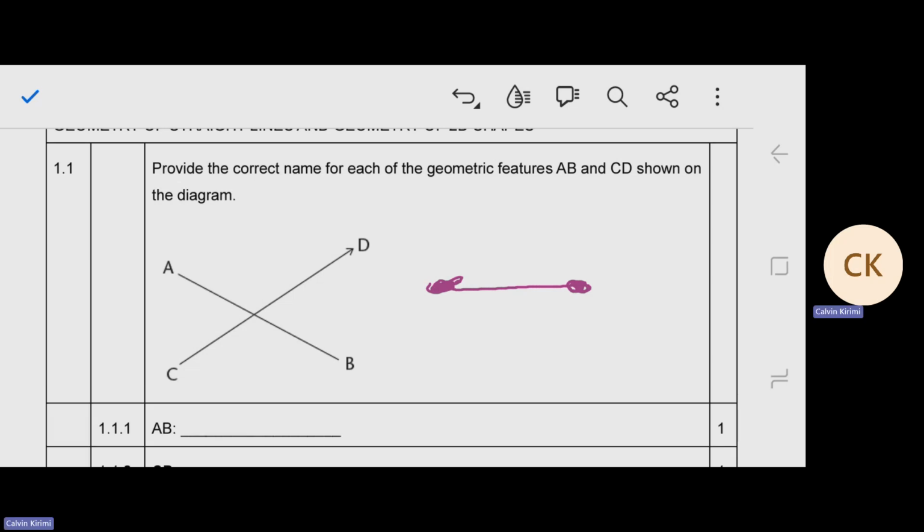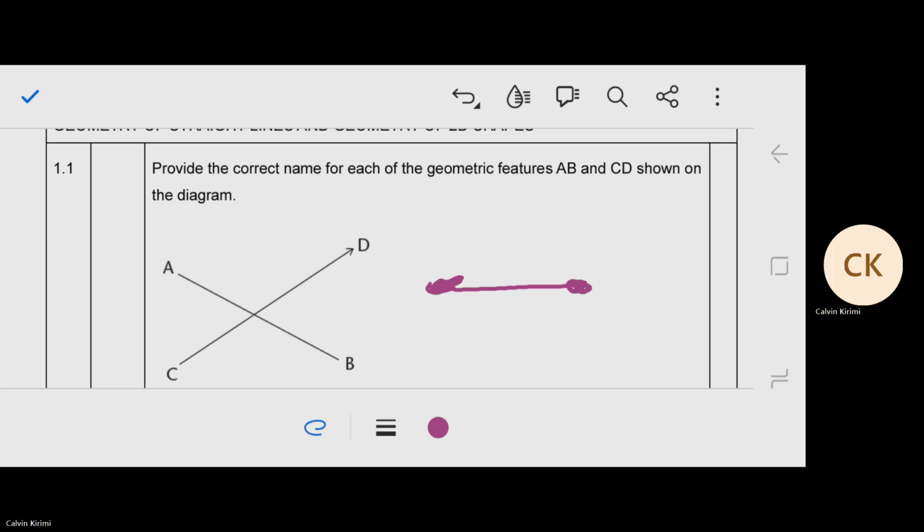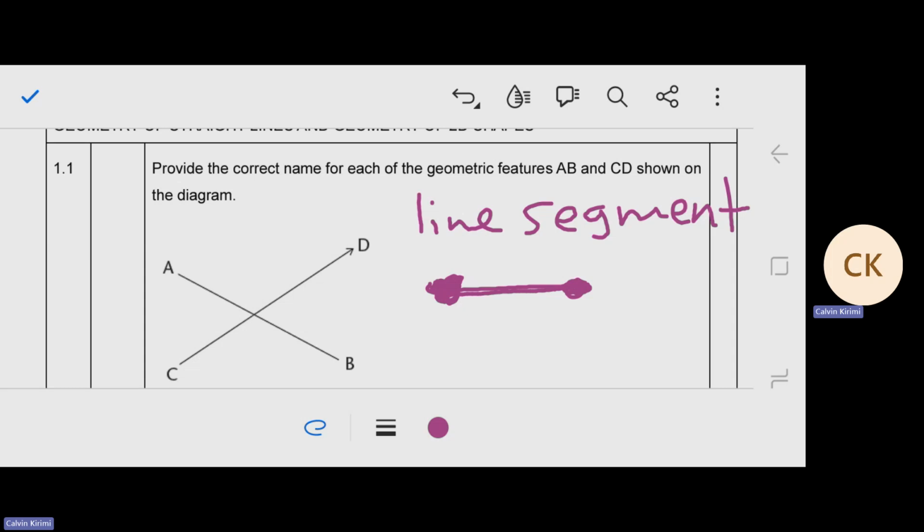Call that line a line segment. Which means it has a definite starting point and a definite end point. So that line is called the line segment.